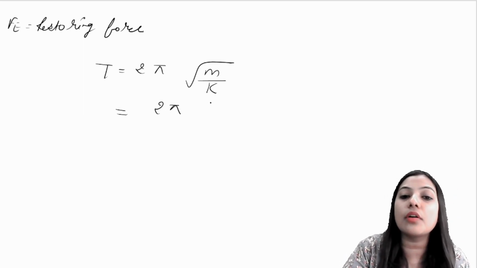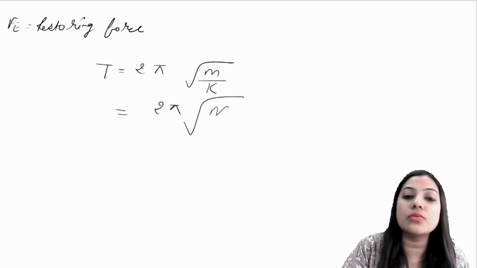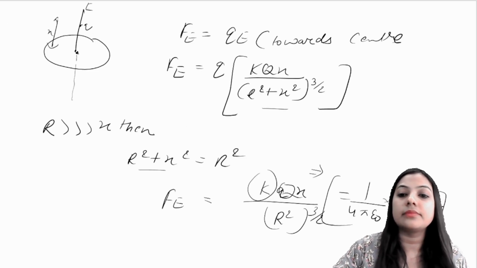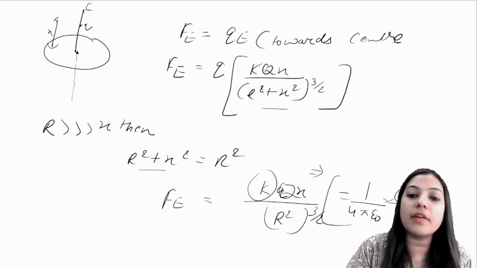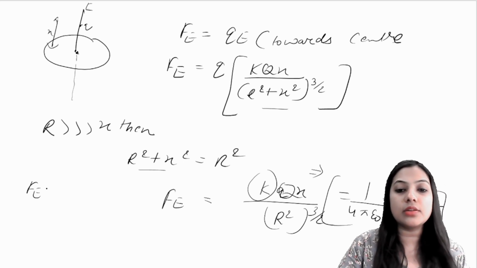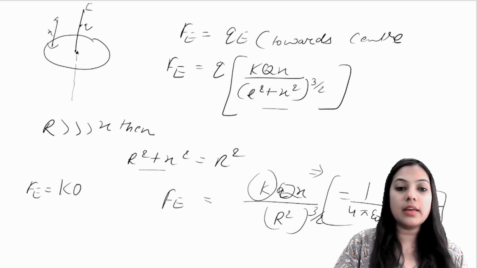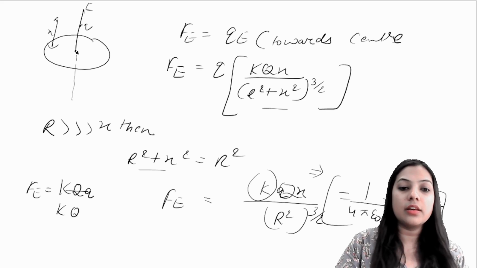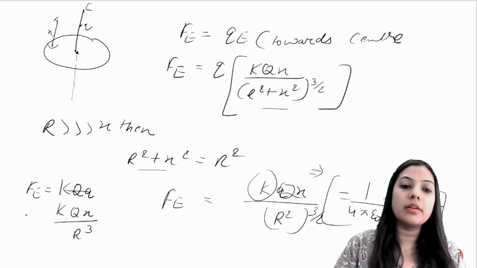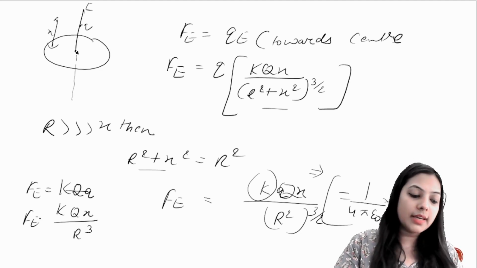How will we get the value of K? According to this equation, we will find the value of K, because here Fe is equal to K. No, it is not like that. KQX upon R cube is equal to Fe.